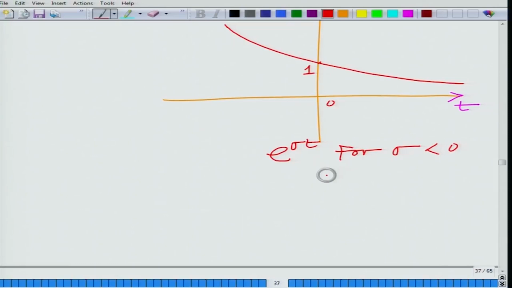This is a decreasing signal. This is a decreasing function, and as t tends to infinity, e to the power of sigma t tends to 0.